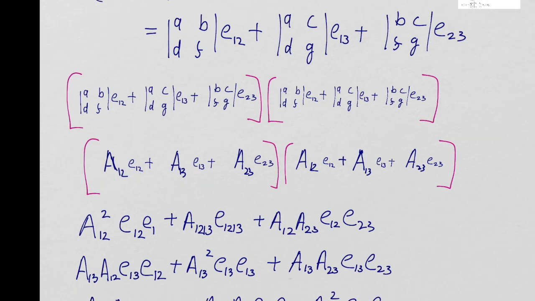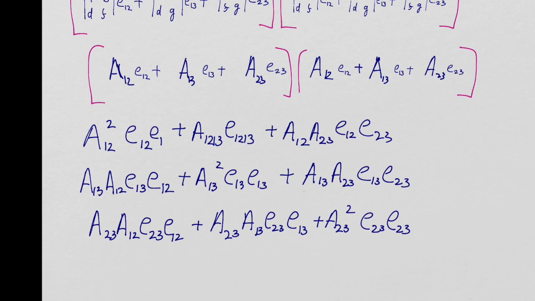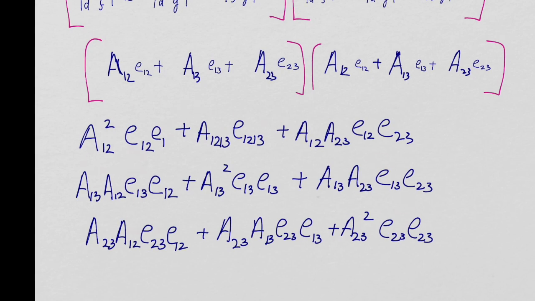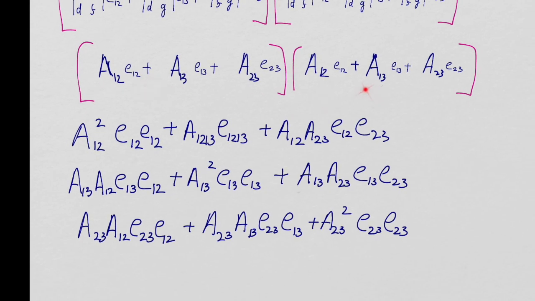Then I just execute this geometric product, which distributes over addition, and I end up with all of these terms here. I basically just FOILed out this product, and I end up with products of the coefficients and geometric products of the bivector basis vectors.